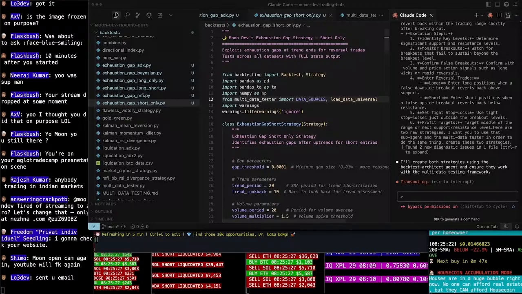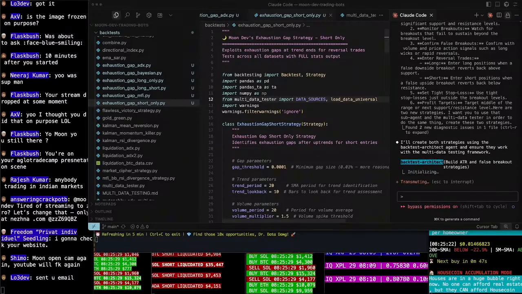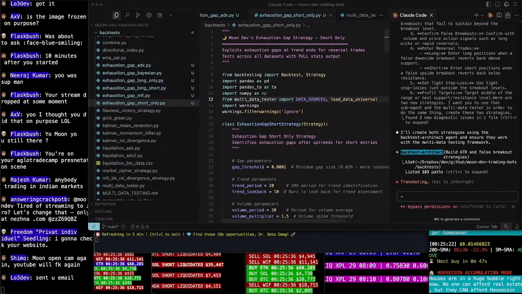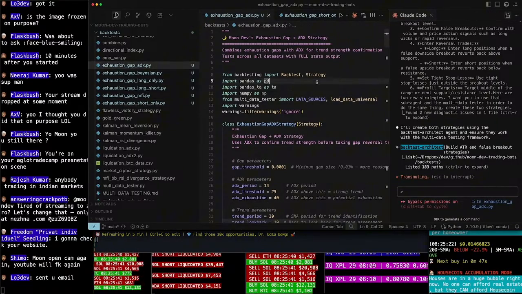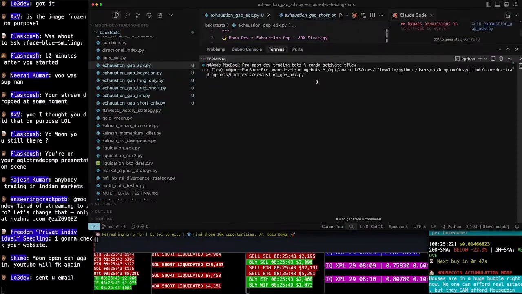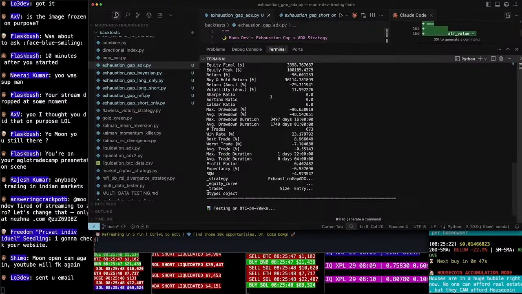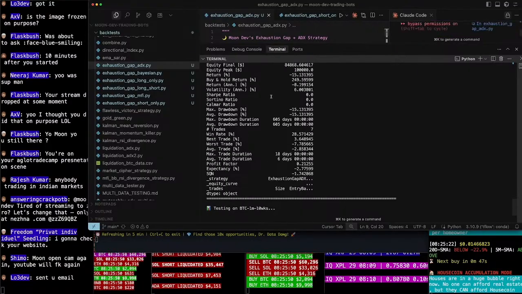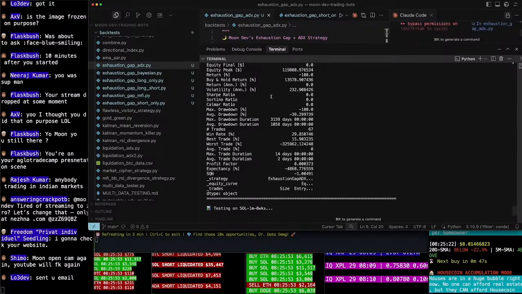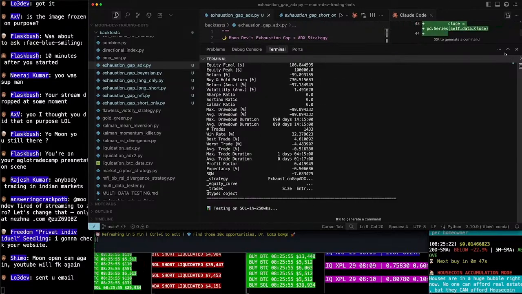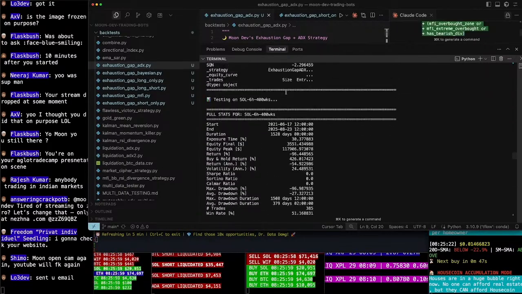Okay, so I'll create both strategies using the backtest architect. So we have a subagent here that will go ahead and do that for us, which is sick because now I don't have to do it by hand. And as you saw here, essentially what it does is it creates a backtest and then tests that backtest against multiple different data, like ETH data, BTC data, Apple data, etc. You can see it's running through all the backtests as opposed to doing it one step at a time.